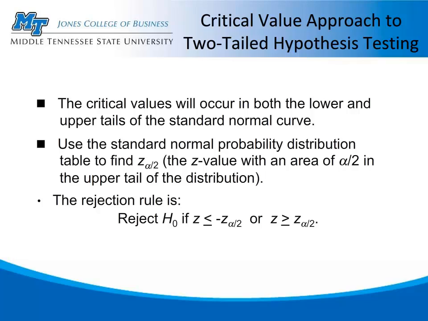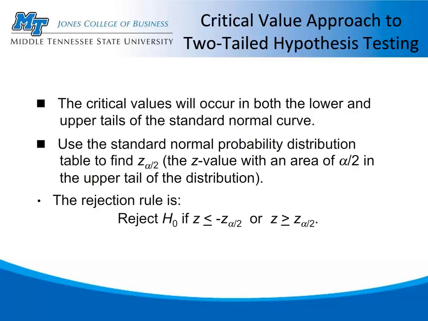If it's not equal, it might be smaller than the hypothesized value, but it also might be larger than the hypothesized value. So there are two places where you could reject the null. You could reject the null because the computed value turns out to be much, much smaller, or you can reject the null because the computed value turns out to be much, much larger.